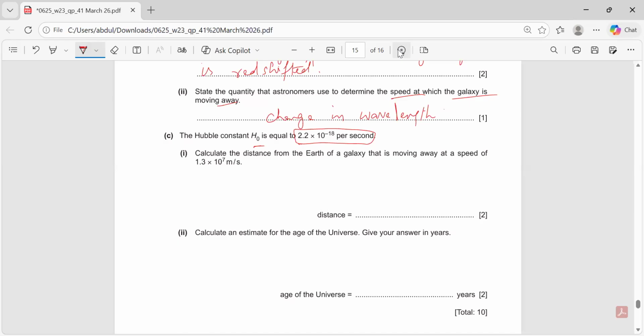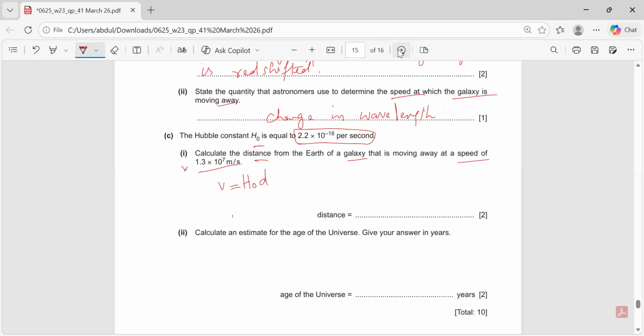Now calculate the distance from the Earth of a galaxy that is moving away at a given speed. So speed is given. We need to calculate distance. We are going to use here Hubble's law, that is v = H naught d. And be very careful, dear friends. No capital V here, small v. It's not volume, it's not voltage, it's not volt. Speed is denoted by small letter v.